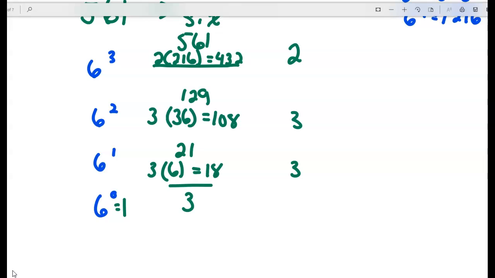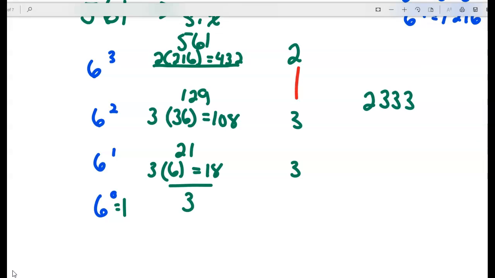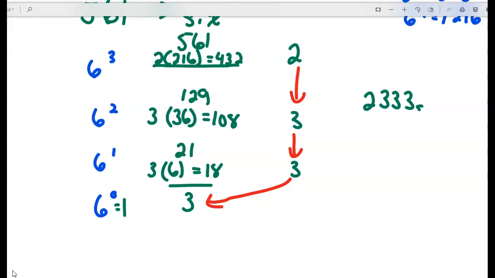When we do it in this order, we read from the top down. So I'd have 2, 3, 3 with another 3, starting at the top and going all the way down to my last number. And so this would be 2, 3, 3, 3, base 6.